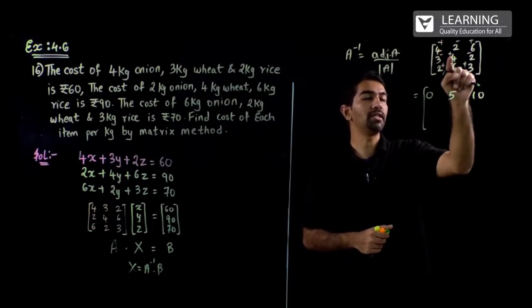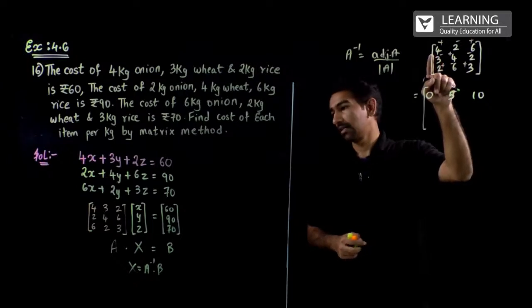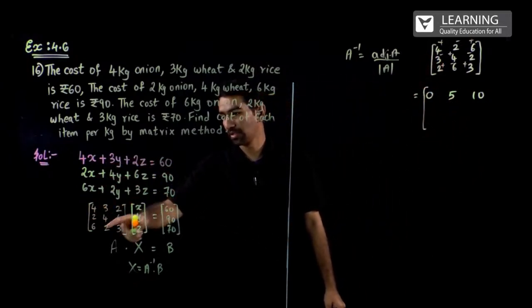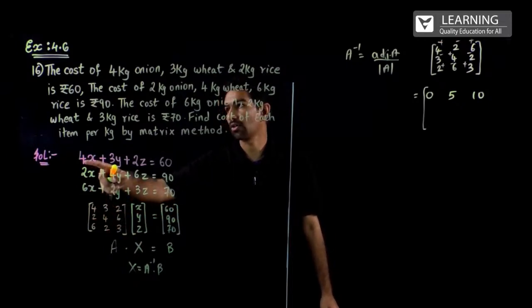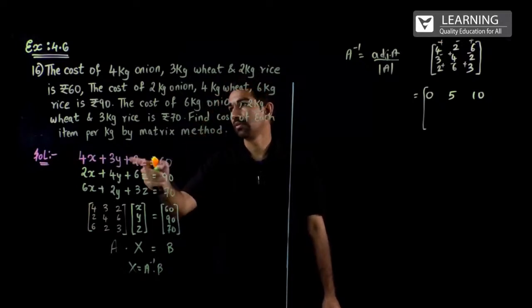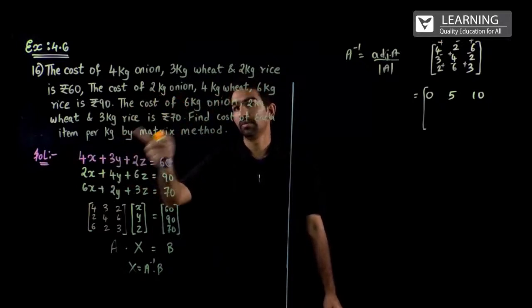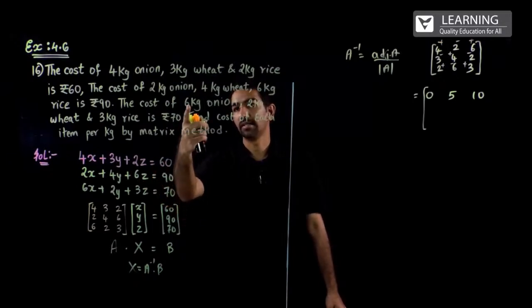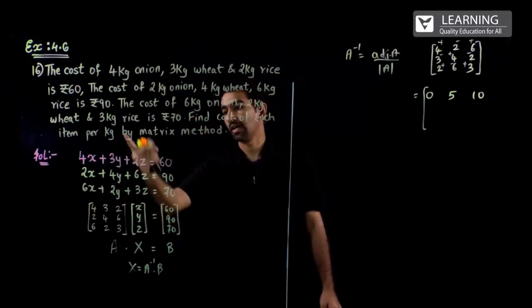4 3s are 12, 6 2s is 12. Everything all right? So 4 3 2, 2 4 6, 6 2 3. Just cross check once. 4 3 2, 2 4 6 and 6 2 3.